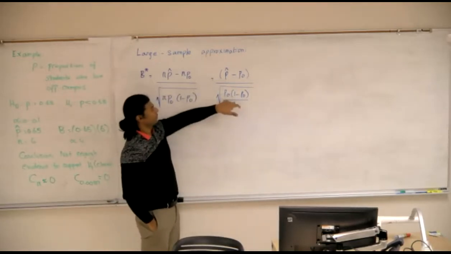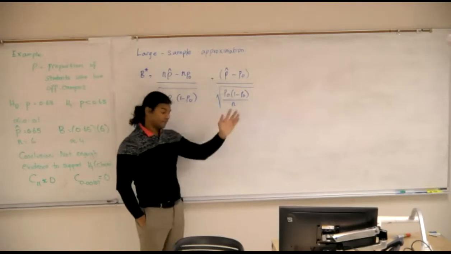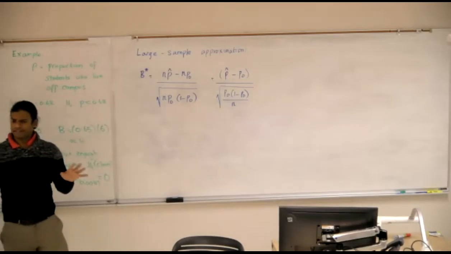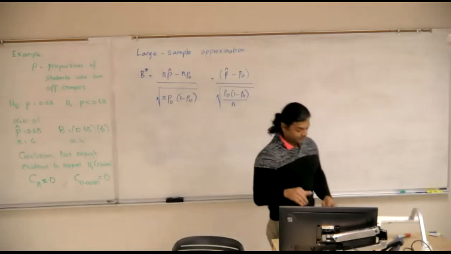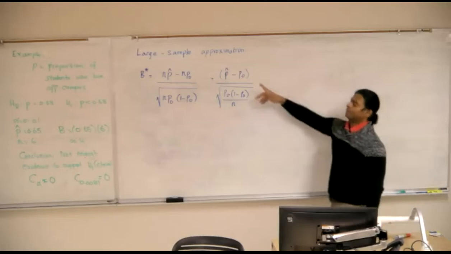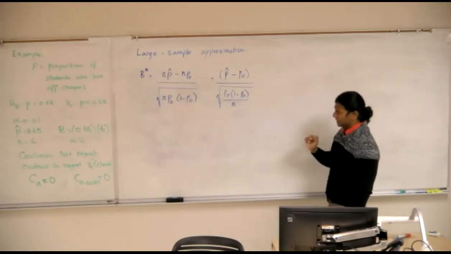But would the answer be significantly different if you use p hat instead of p naught? The conclusion will be pretty much the same, more or less. But p naught is what we use in this case because we are doing it under the assumption of the null. We are assuming the null distribution.